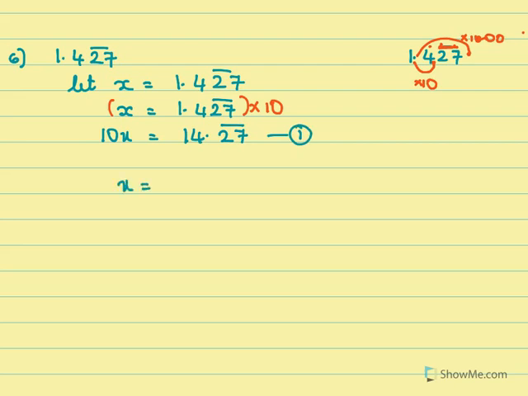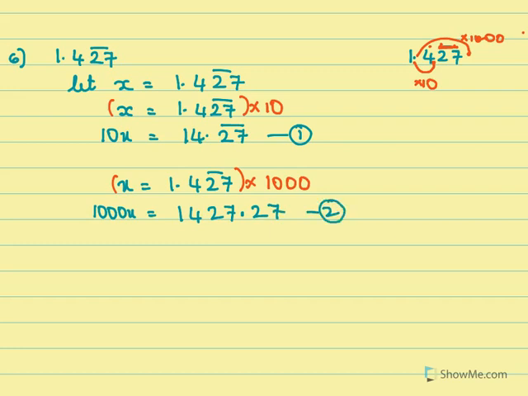Now in the next one, I take the same equation, that is x equal to 1.427 bar. Now as I explained to you, I need to multiply this by 1000, and for which I will get now 1000x to get it after the recurring, 1427.27. This is equation 2. Now we subtract both these equations.